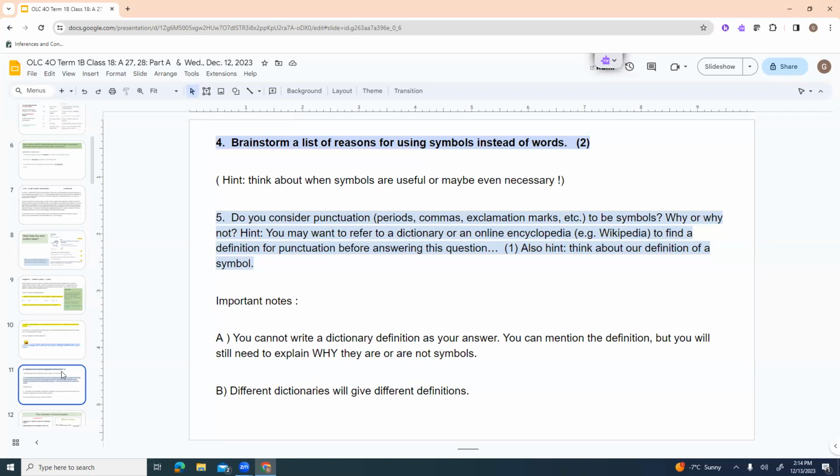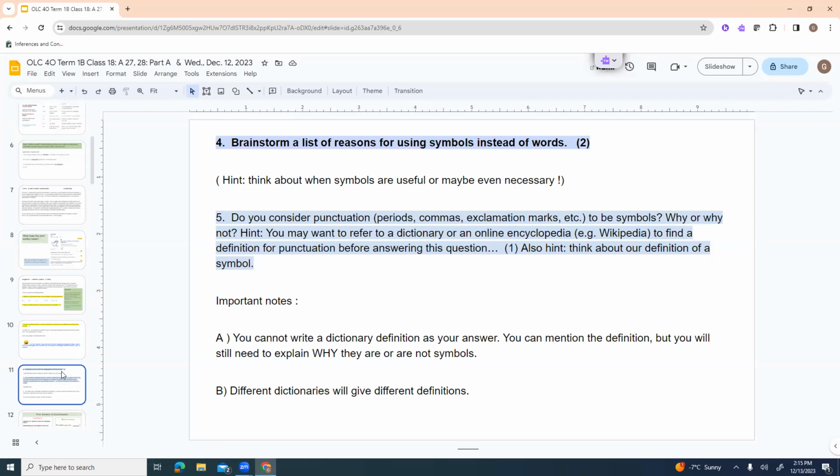Number 5, do you consider punctuation, things like periods, commas, exclamation marks, quotation marks, to be symbols? Why or why not? They wrote the hint, you may want to refer to a dictionary or an online encyclopedia such as Wikipedia to find a definition for punctuation before answering this question. Now, my hint is think about our definition of a symbol.